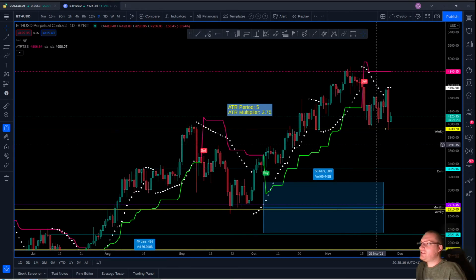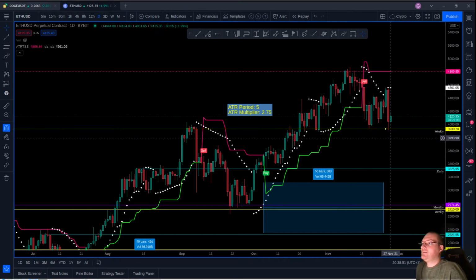So if Bitcoin sells off more, who knows, maybe we can have a retest of this weekly, but we already tested it here once, so this is the second time, that would be the third time. So yeah, here's an area of consolidation, so maybe we go into this region.